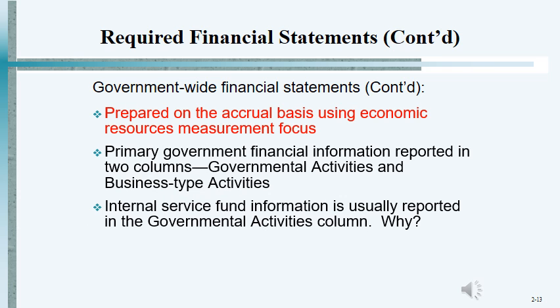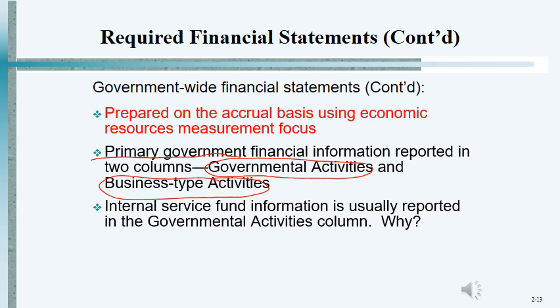So let's take a look at these, and we're going to be preparing these, as we've said, on a full accrual accounting basis, using the economic resources focus. We're going to provide information about the primary government, and remember we talked about the criteria for that in Chapter 1. There are our two columns, governmental activities and business-type activities.